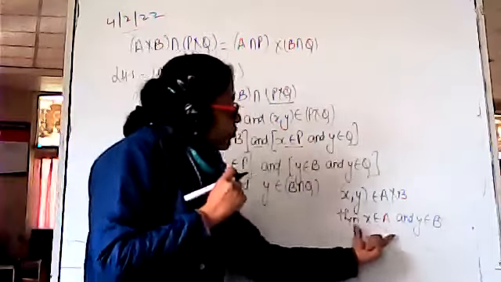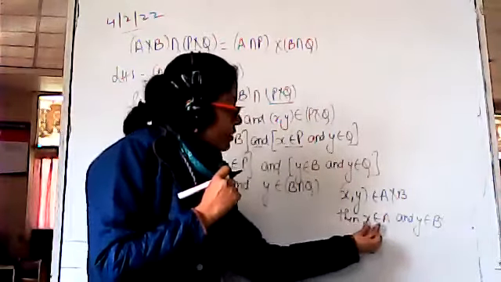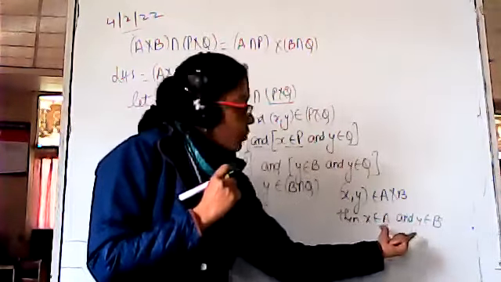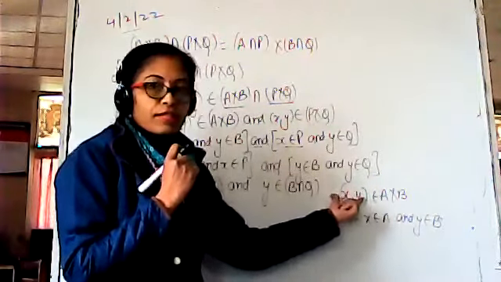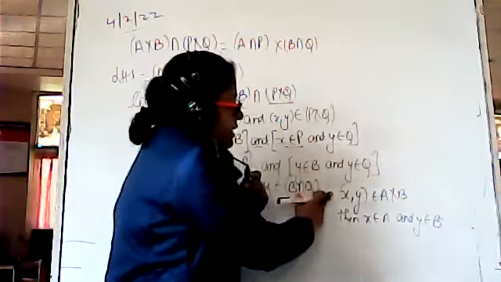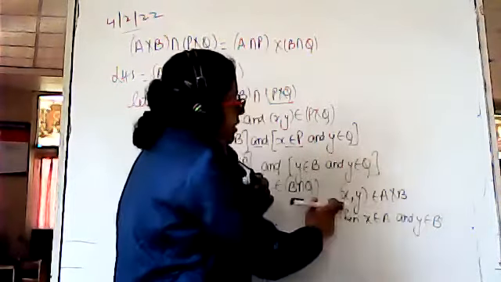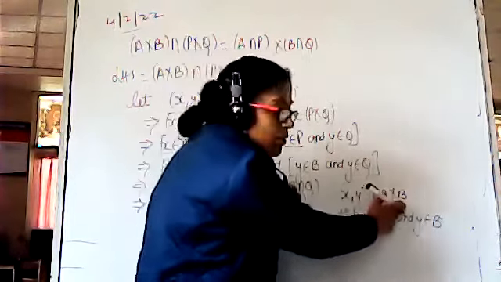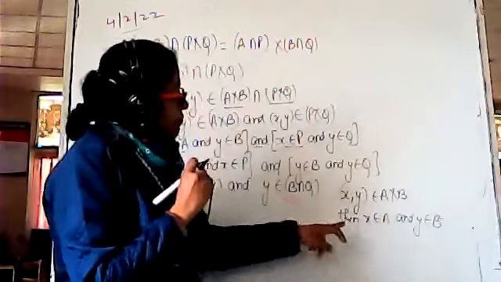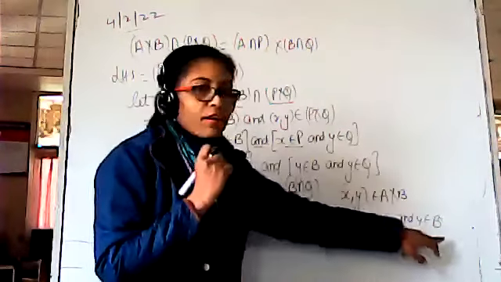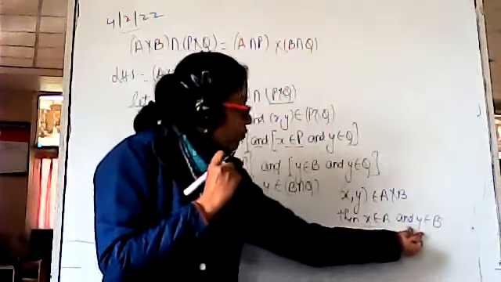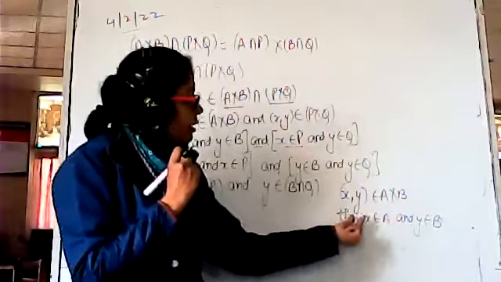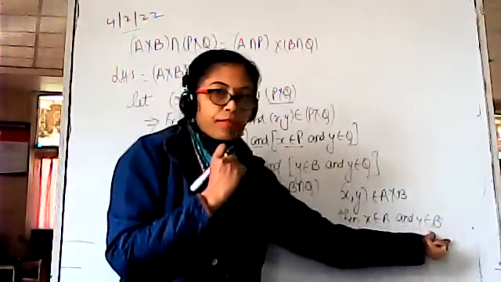Now we are with this condition: x belongs to A and y belongs to B. We can write this condition in place of this. If we have xy belongs to A cross B, we can write x belongs to A and y belongs to B. Similarly, if we have x belongs to A and y belongs to B, we can write that ordered pair xy belongs to A cross B.